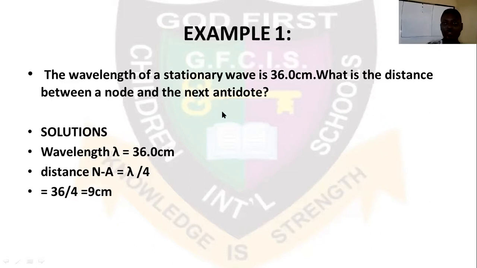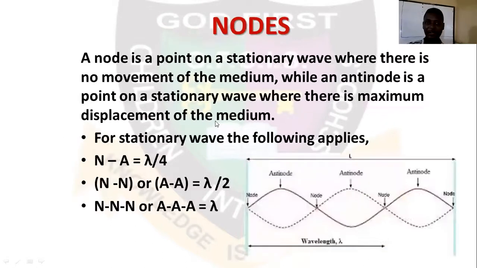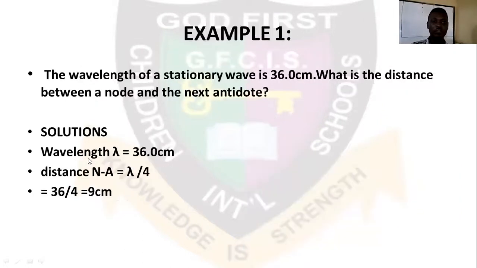We know from the previous diagram that node to antinode is lambda over 4. So you say the distance, normal length L, is equal to lambda over 4.